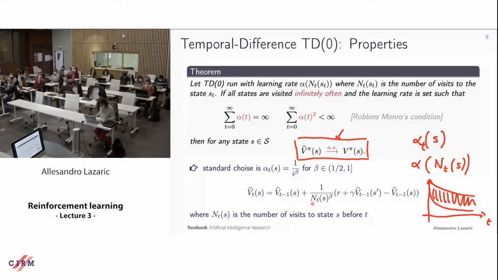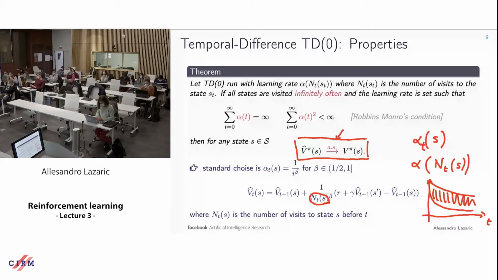And when we have to apply our update on that state, we will say that the learning rate is 1 over the number of visits to the power of, most of the time, one half, to be honest. So it will be something like 1 over square root of n, maybe something a little bit more, but that's sort of a first choice.